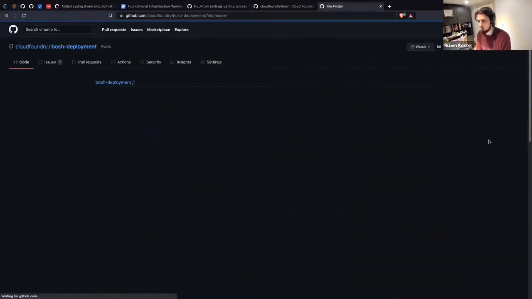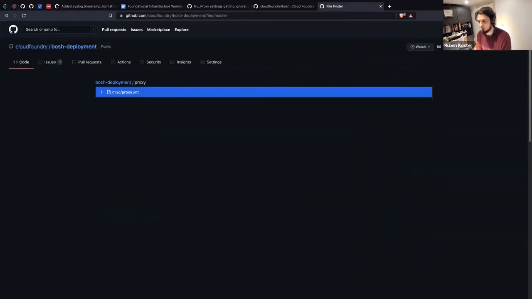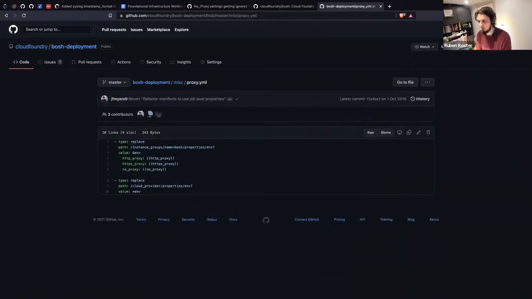Is there something with proxy, an ops file? Yeah. So I think they are using this file, right? This sets it globally. So if they would set it instead for the jobs they want to use a proxy for, then they don't have this issue.